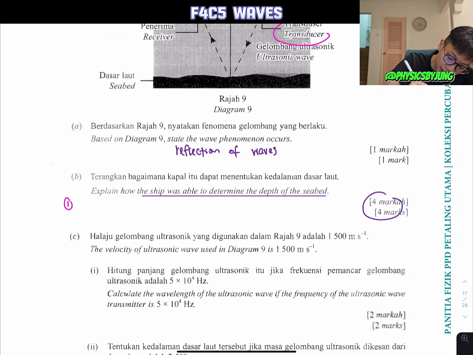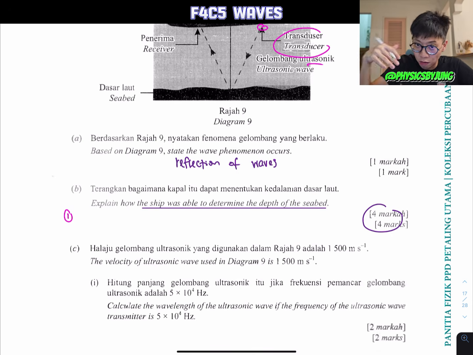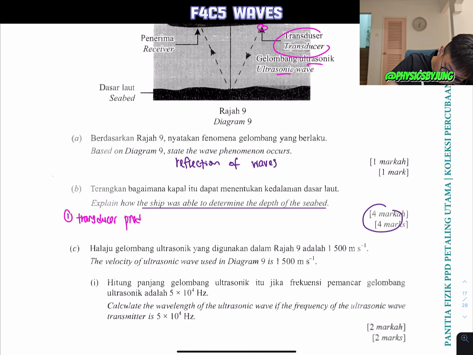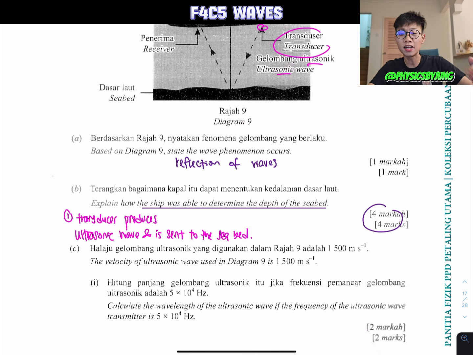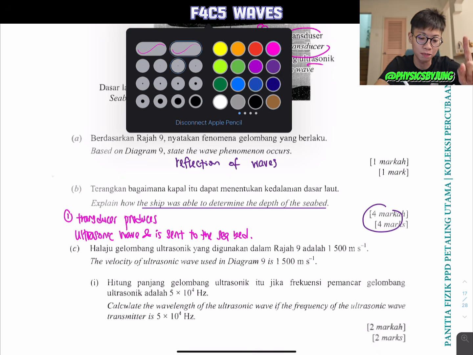So my first mark: the transducer produces ultrasonic wave and is sent to the seabed. I say who produces the wave, then the wave is being sent to the seabed. This is the first part only.